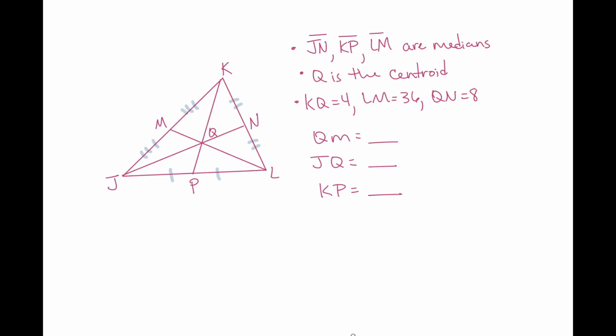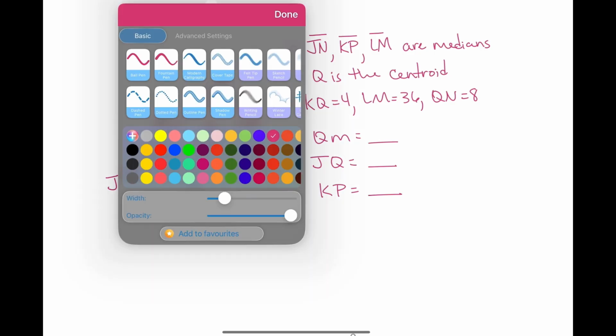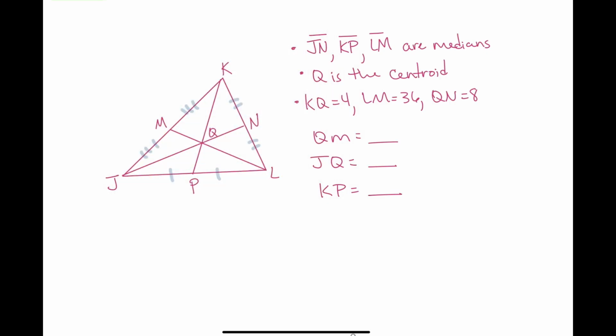It says KQ equals 4, so I'm going to put 4 here. LM, this whole thing, I'll draw a line so I know I'm talking about the whole thing, is 36.